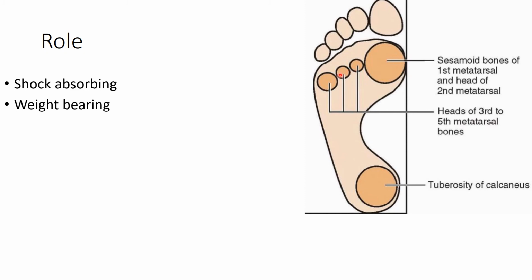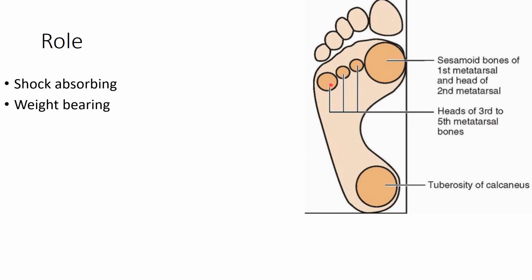Now the forefoot generally has 4 points of contact. A large one, which is the medial one, includes the two sesamoid bones related with the first metatarsal head and the head of the second metatarsal. And the lateral ones include the heads of the third to fifth metatarsal.